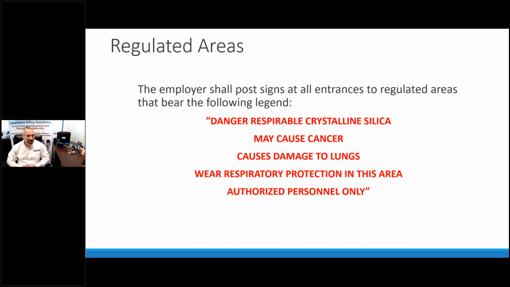As you can imagine, it makes sense that we want to restrict access to those people who are not being protected. And we have to determine this through air sampling and through delineation: what is the distance away, what is that zone of hazard, and at what point past a certain area is personnel safe.